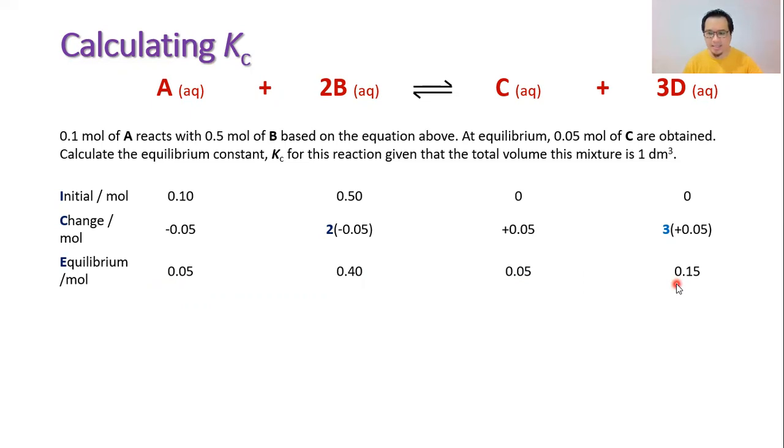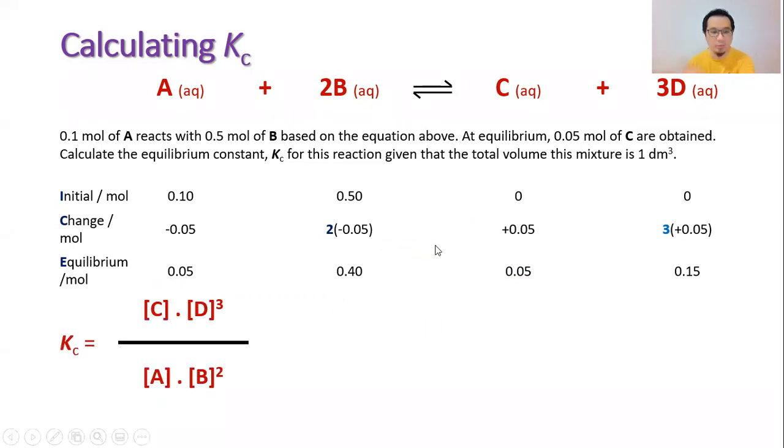Next, we need to calculate our Kc value. But before that, we need to look at how to write our own expression. This is our Kc expression. Remember, for writing the Kc expression, you always put the concentrations of the products on top and multiply them together. Whenever there is a number of moles in front of a product, you raise the concentration of that product to the power of the number given in the stoichiometry equation.